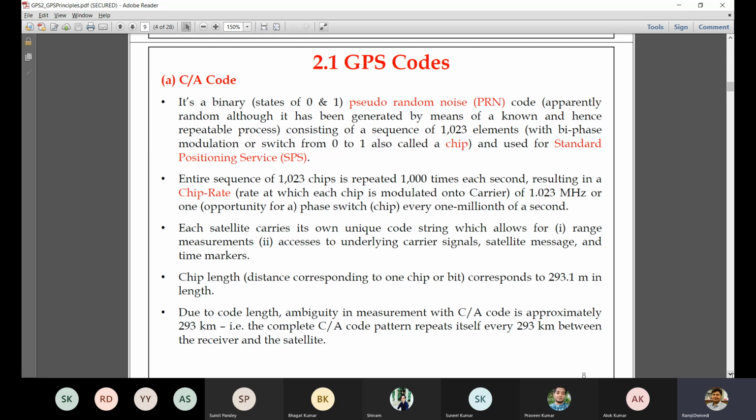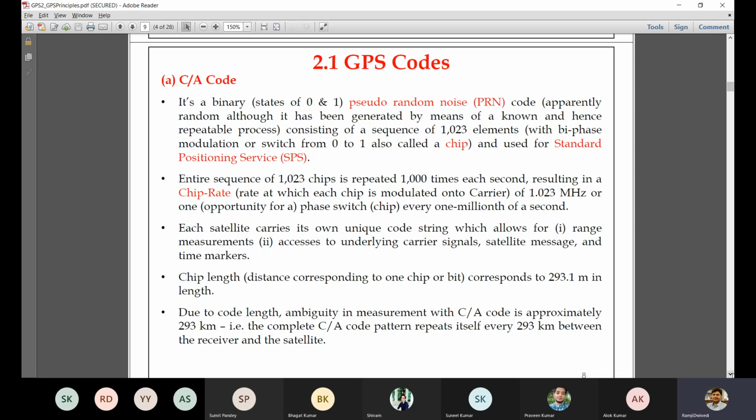And for an unknown user who does not know GPS, it looks like noise. So it's a binary pseudo random noise code, PRN, apparently random, although it has been generated by means of a known and hence repeatable process.